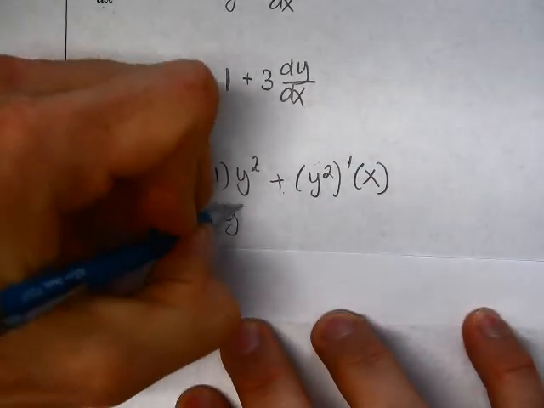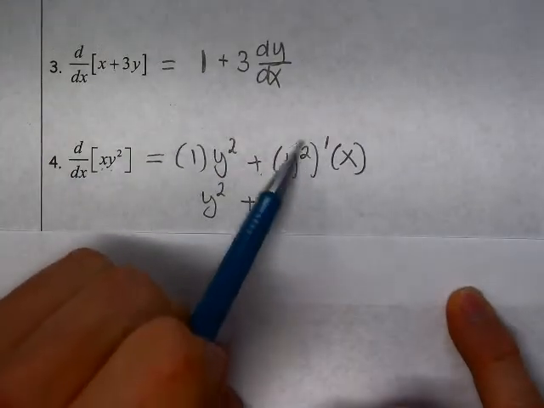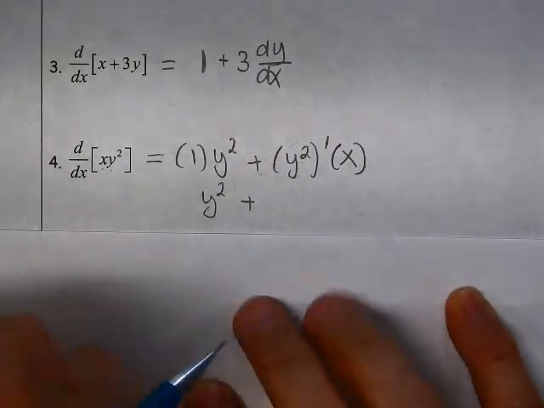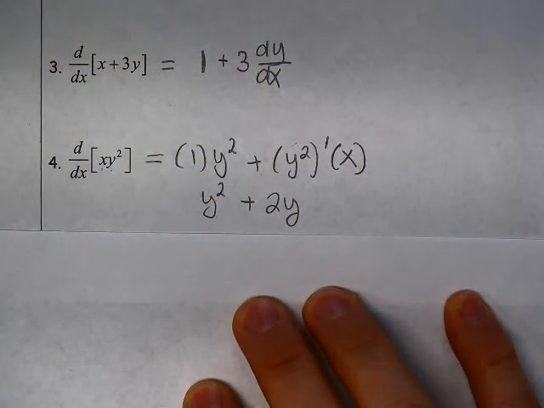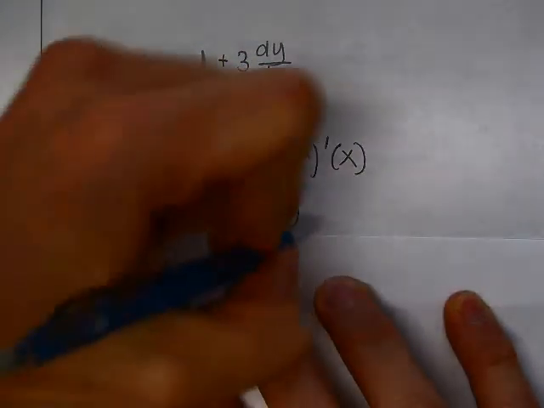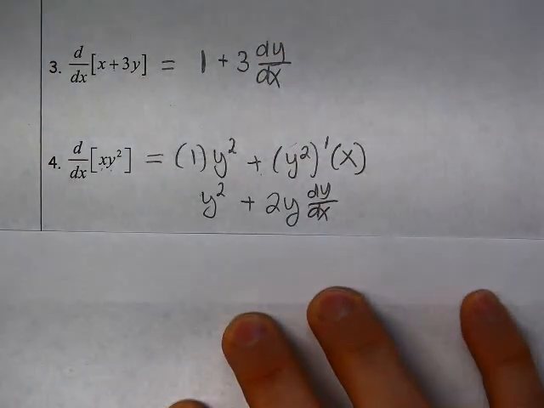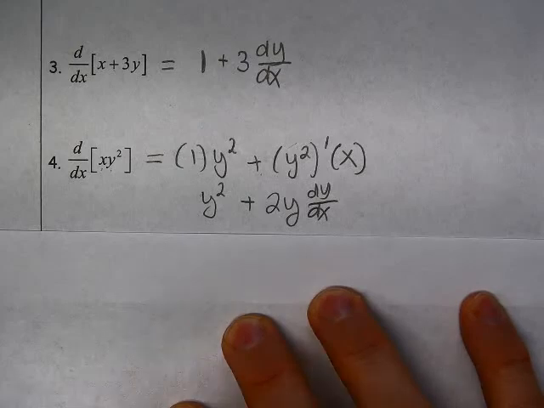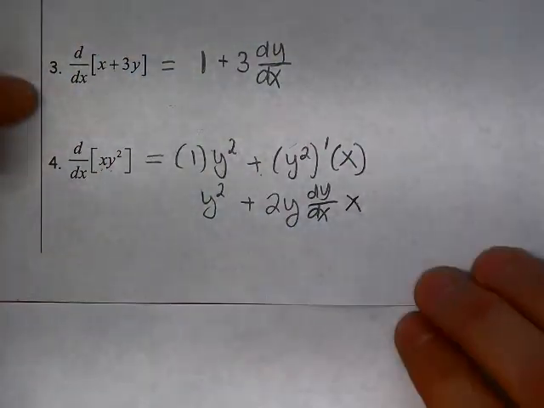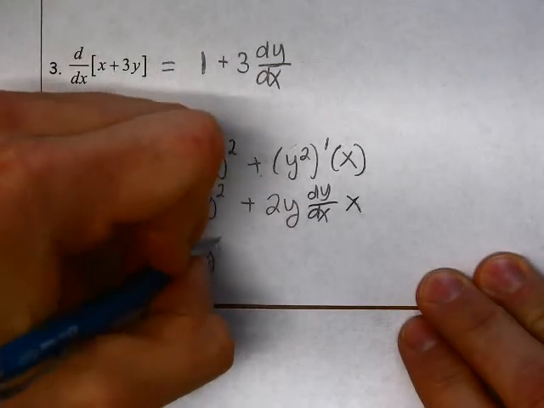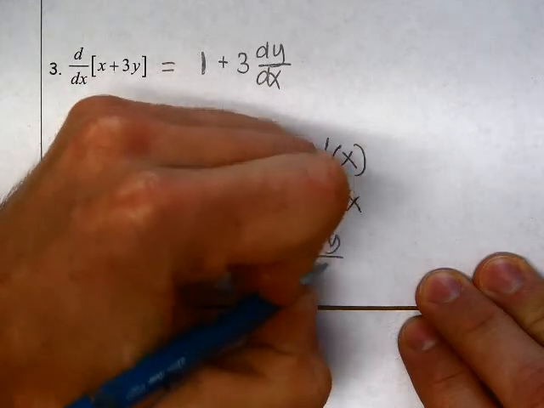So I'm still left with y squared here plus, now when I take the derivative of y squared, I have 2y now to the first power times dy dx, using the chain rule there for that composite function, times x. And I might clean that up a little bit by writing y squared plus 2xy dy dx.